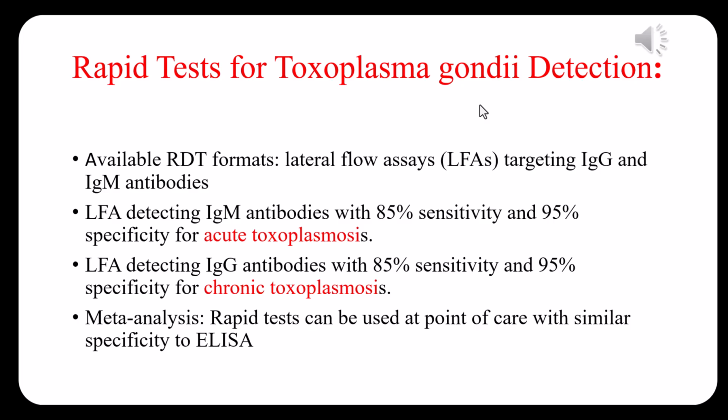So the lateral flow assay is very sensitive and specific for Toxoplasma gondii, either acute or chronic. If IgM persists, it means acute infection. If IgG persists, it means chronic infection. You can also confirm it by ELISA, and the sensitivity and specificity of this test are similar to the ELISA.